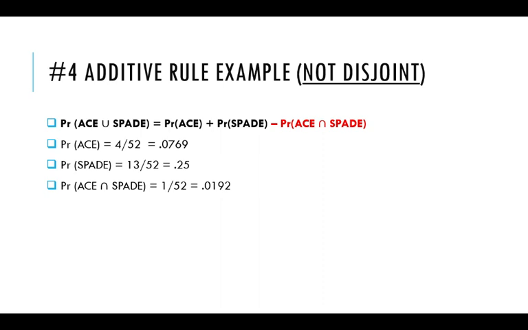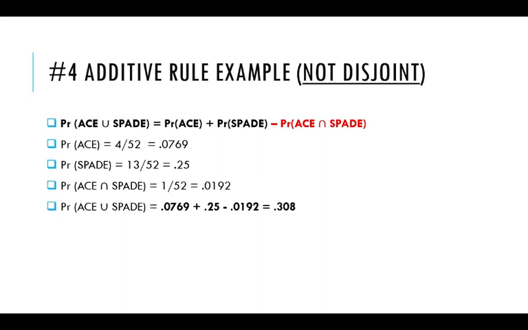So now we have to remove the probability of ace intersect spade, the overlap, which is going to be the card ace of spades, and there's only one of those, so that's why I have 1 divided by 52. The probability of the ace of spades is 0.0192.